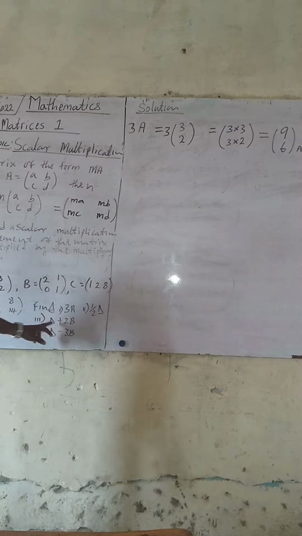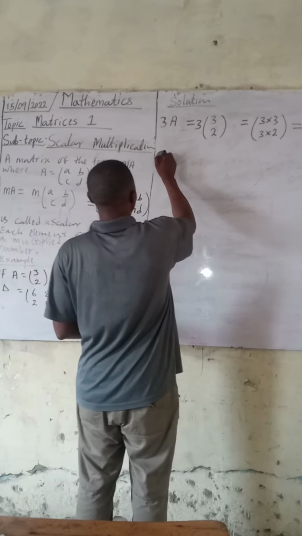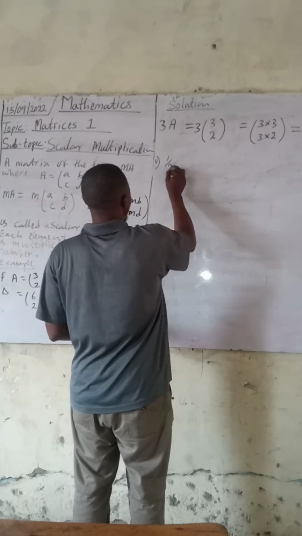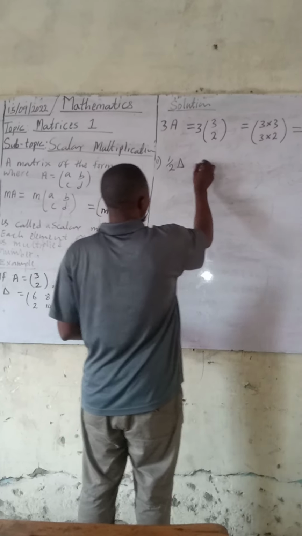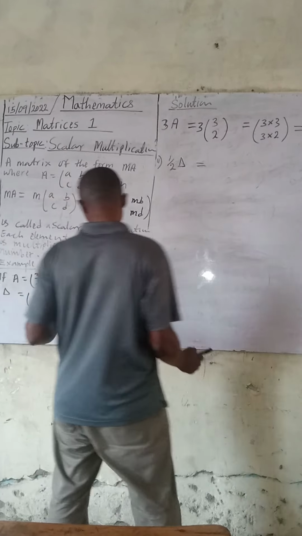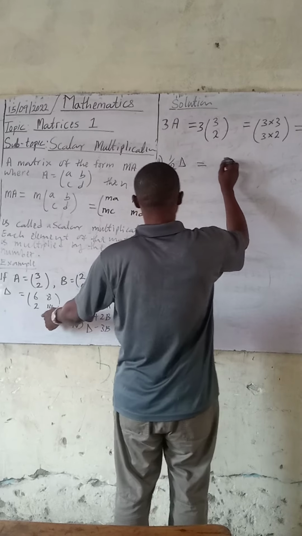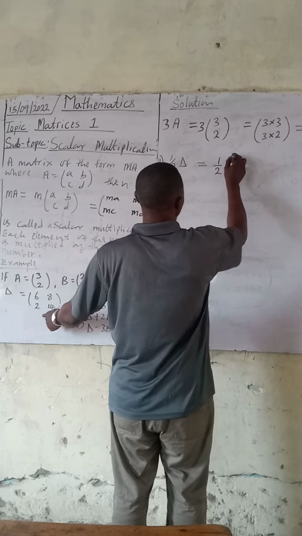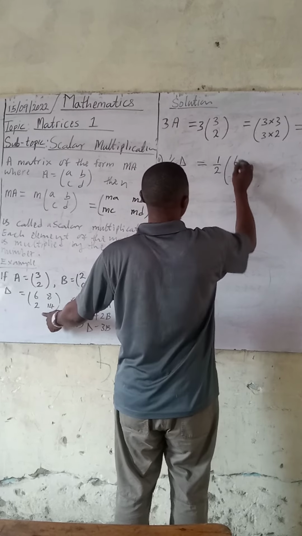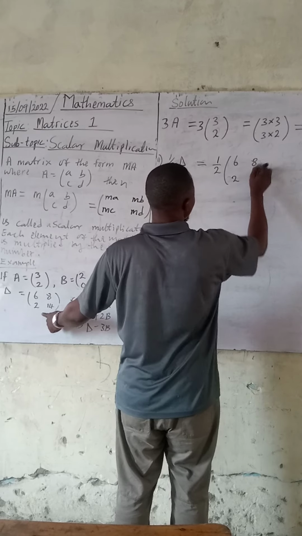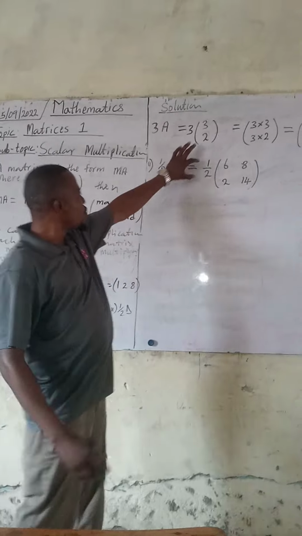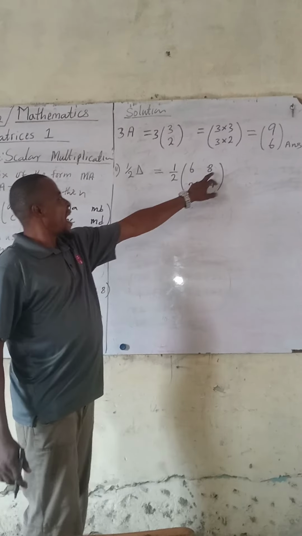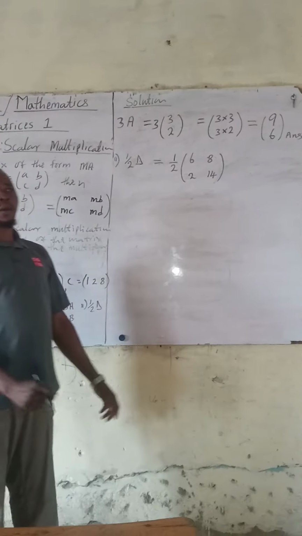Then let's find the second one. We have to find 1 over 2 of D. So 1 over 2 of D equals, we know our D equals this. So we write 1 over 2 into matrix 6, 2, 8, and 14. As we have it like this, we use this 1 over 2 to multiply everything inside the bracket.